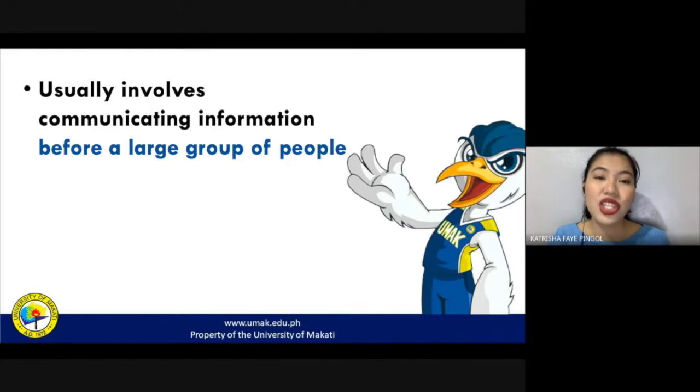As I have mentioned earlier, public speaking usually involves communicating information before a large group of people. So this is not just simply 10 people, all right? It's not a small group of people, but rather a large group of people.